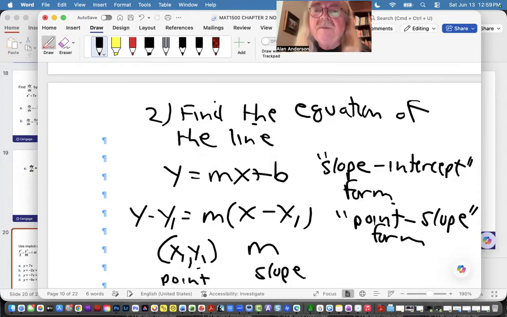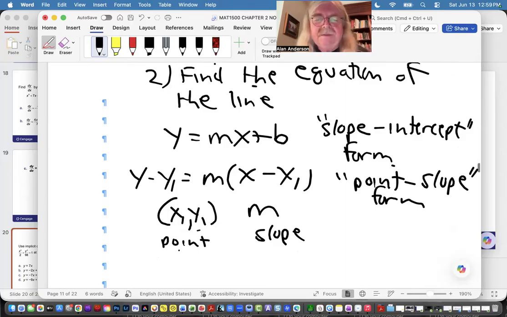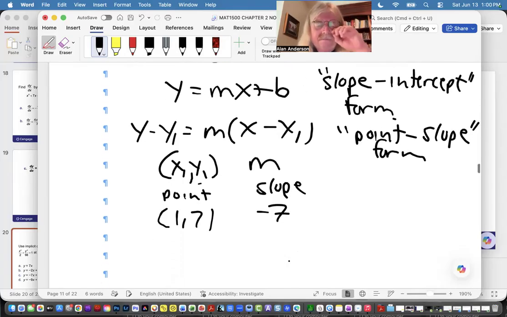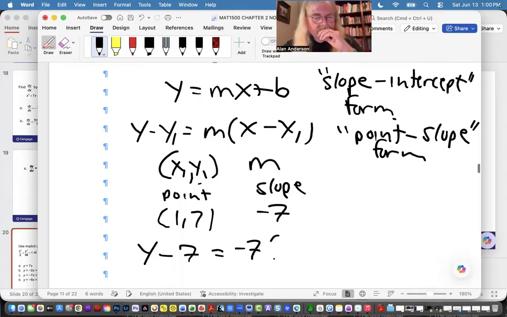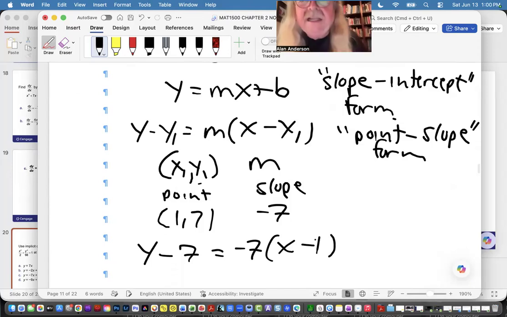Well, we know the slope and we know one point. So we just plug them in. And then we solve.